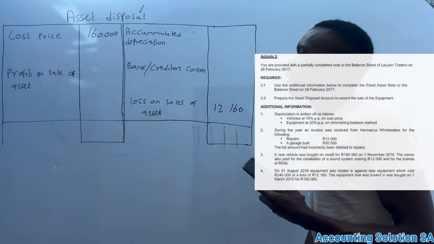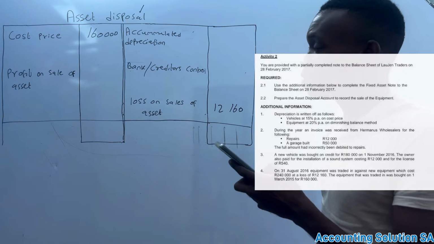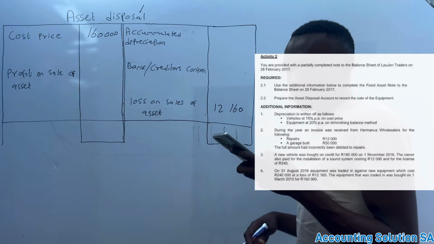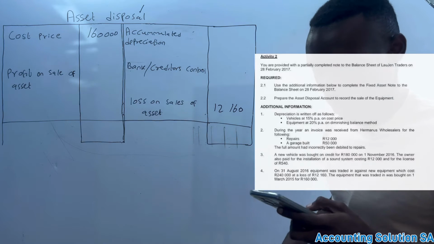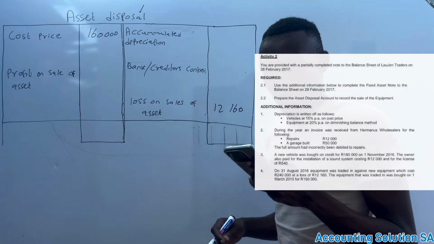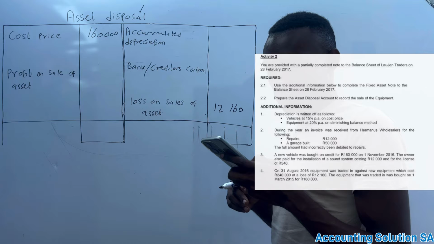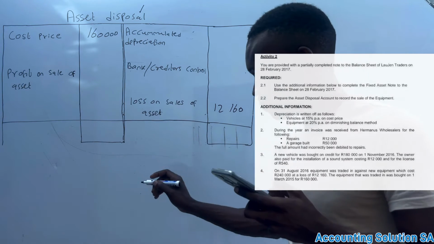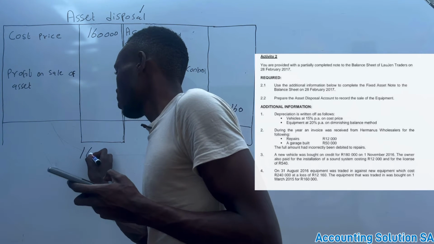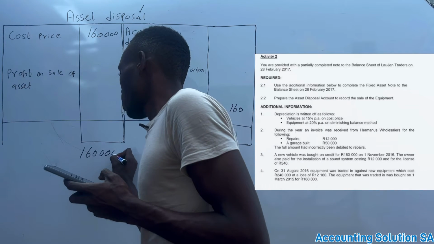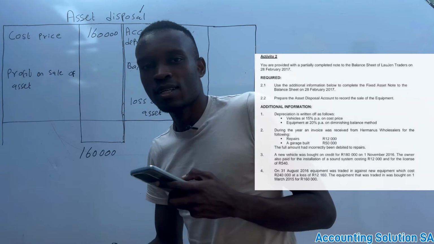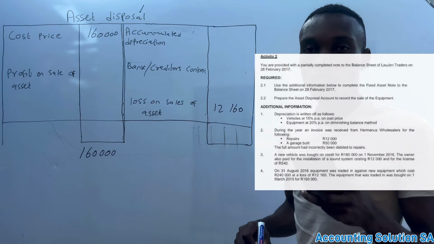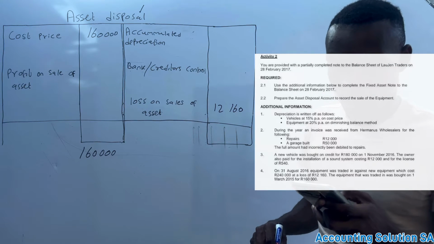Now we need to calculate accumulated depreciation, because we've been given every detail needed to calculate depreciation. Remember, we're using the diminishing balance method. They said it was bought on 1 March 2015 for 160,000. The first year, there was no accumulated depreciation.